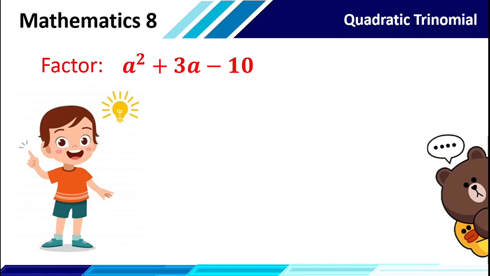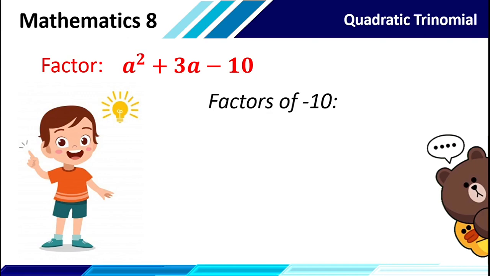Our third example is a squared plus 3a minus 10. Our first step is to check if there is a common monomial factor or if this polynomial is under perfect square trinomial. We see that this is not under perfect square trinomial and we do not have a common monomial factor.